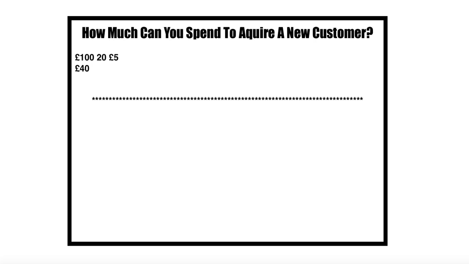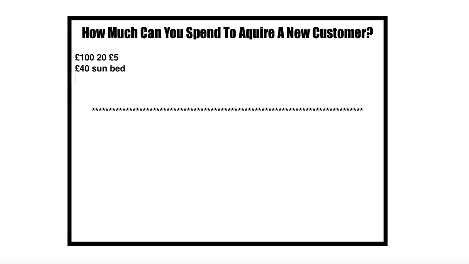You've got one product, £40 you charge for a sunbed or something like that. So your profit there is £35. So you know that you can spend £5 to earn £35. Your profit off that would be £35.